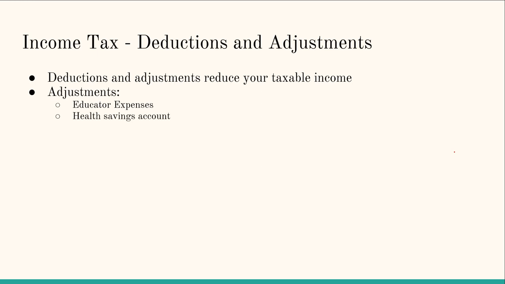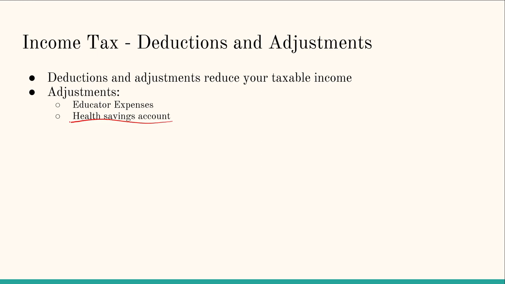Health savings account. We're going to talk in more detail about what this is, but it's basically a type of investment account that allows you to put money into it and invest it. The rub though is that you can only use it for health care related expenses.